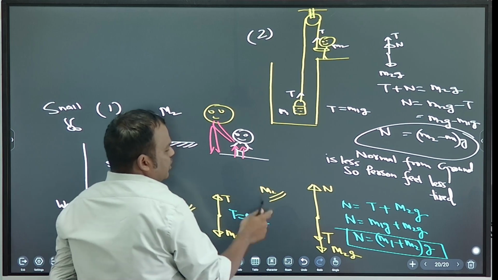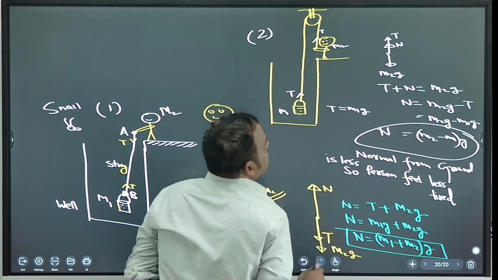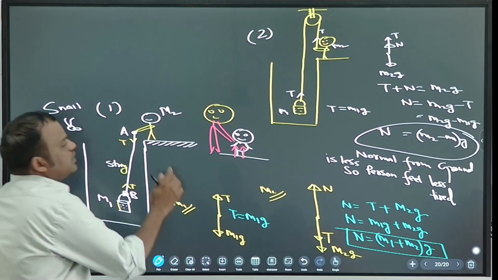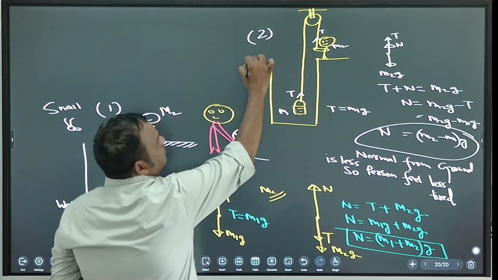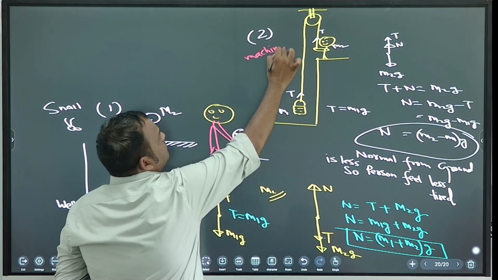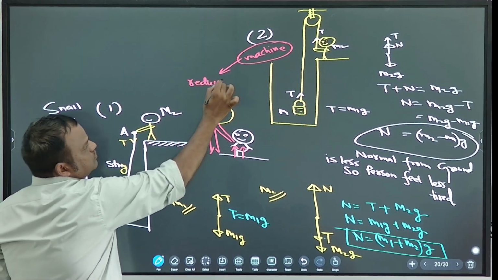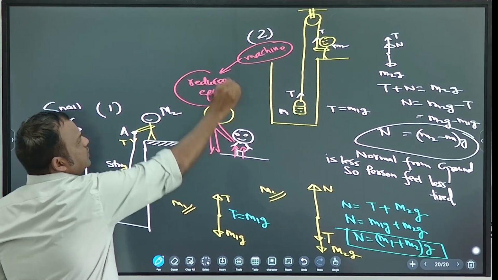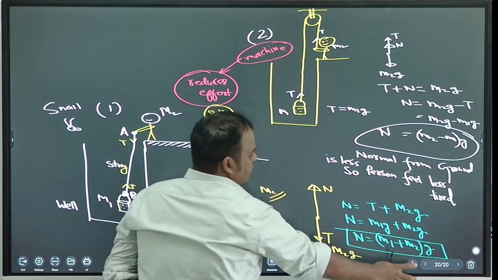More normal force means more tired, less normal force means less tired. So the pulley is helping. That's why we call it a machine. What is a machine? Anything which reduces effort is known as a machine. So pulley is a machine. Okay, clear?